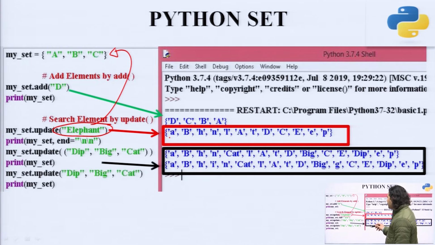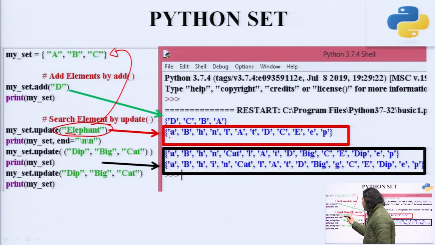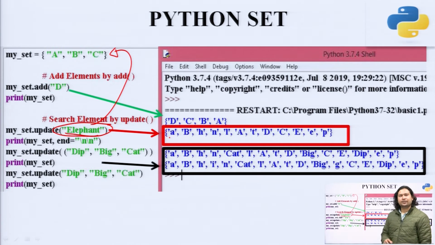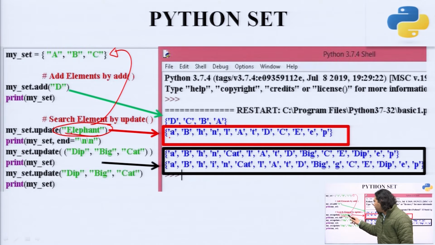So, what is happening? Something has happened, and what is that? Actually, elephant is totally disintegrated into strings of one element. That means elephant is disintegrated into 8 strings: capital E, small l, small e, small p, small h, small a, small n and small t.